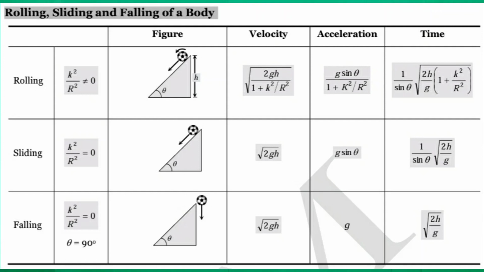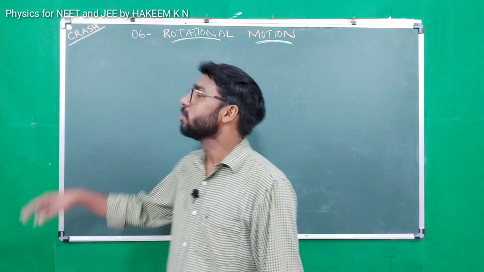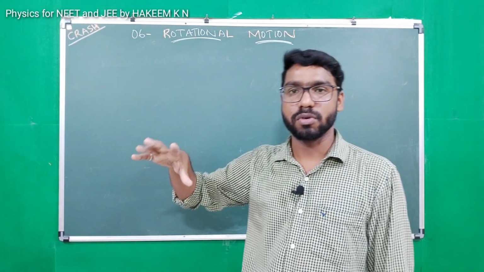And in case of freely falling, velocity while reaching the bottom is also root of 2gh, and acceleration is g, that we already know. And time of freely falling is also, we already studied in the chapter motion in a straight line, root of 2h by g. And here this chapter rotational motion is over.